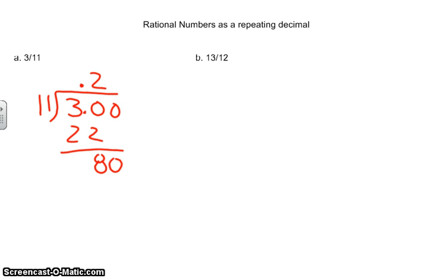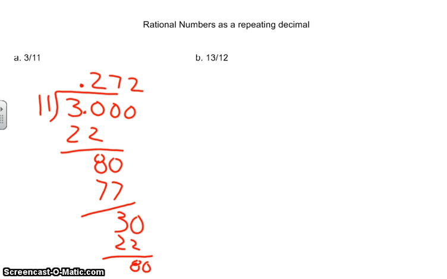11 into 80. How many times, everyone? Okay, good. That'll be 7. So we'll have 77 with 3 left over. Look at something that we might notice. See if any of you have noticed something. But 11 goes into 30 how many times? Well, that'll be twice. 2 times 11, 22.